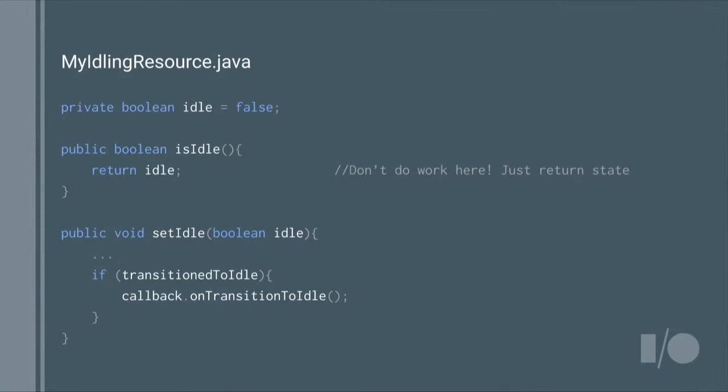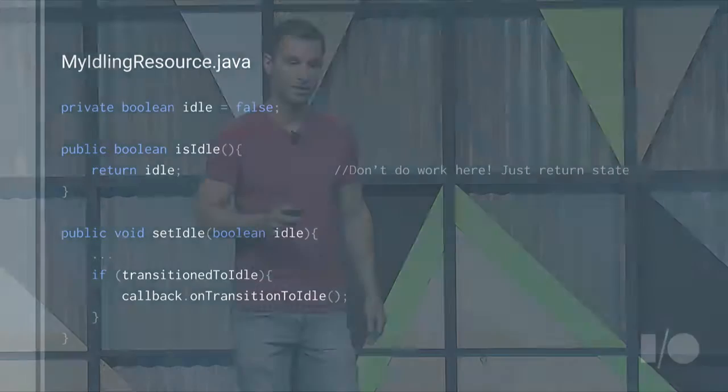Don't call onTransitionToIdle in the isIdle method. Instead, when your app actually becomes idle, when your network request finishes, your computation finishes, then remember to call onTransitionToIdle on the callback that Espresso supplied to you, because that's really telling Espresso, I'm going to be idle now, check my state, and maybe Espresso can run now.